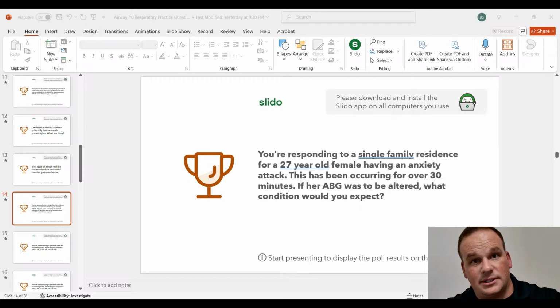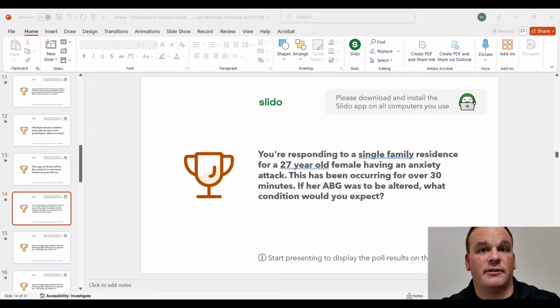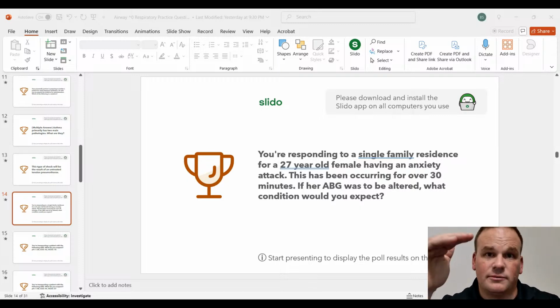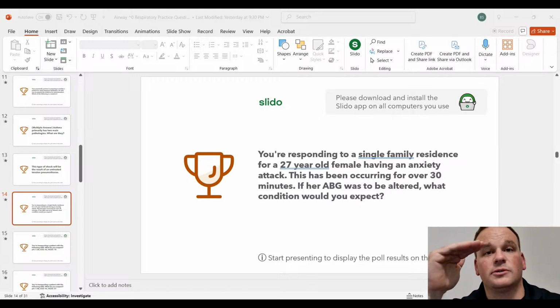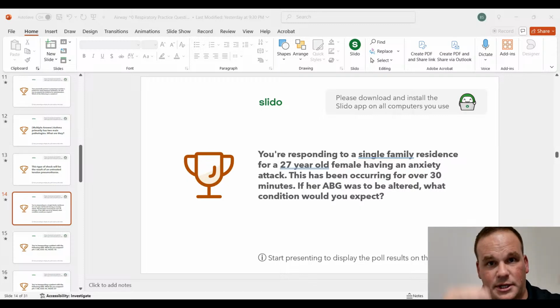As my pH is up, my CO2 is going to be down if it's a respiratory problem. I'm going to have just what I have right here, respiratory alkalosis. If I have a respiratory acidosis, my pH is going to be low, less than 7.35, and my CO2 level is going to be high, higher than 45. Those two things have an inverse relationship with one another.